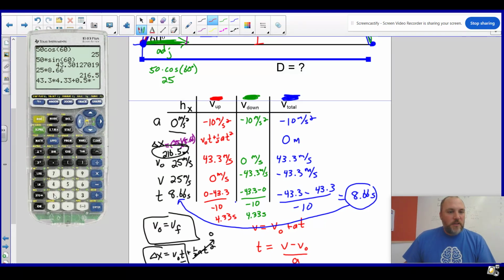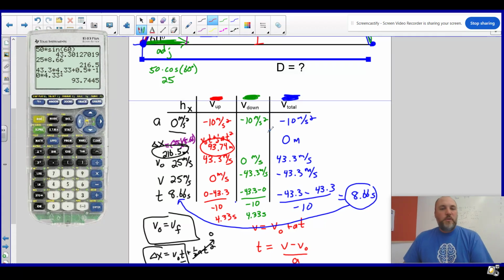So times -10, and then times t squared. So I'll use times 4.33 squared. So this object traveled to a height of 93.74 meters. So that's just additional information that I was able to find on this particular problem.